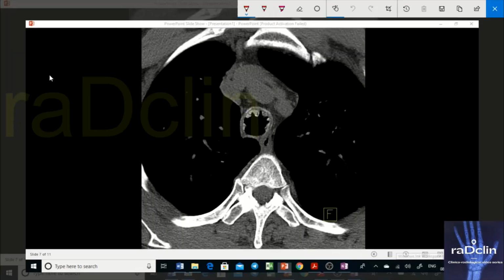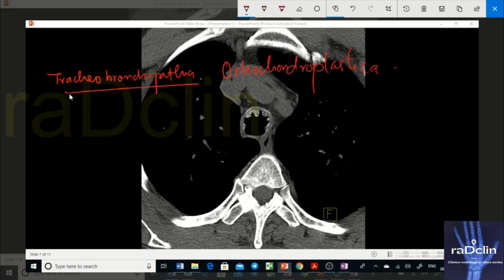So the name of the disease is tracheobronchopathia osteochondroplastica. Okay, tracheobronchopathia osteochondroplastica. This is a typical spotter.